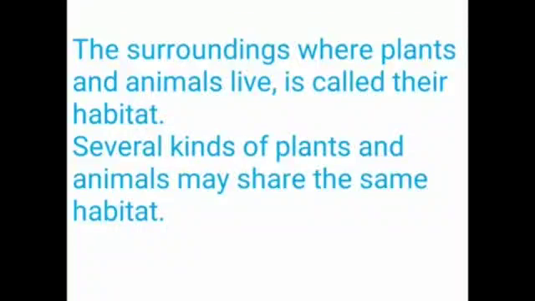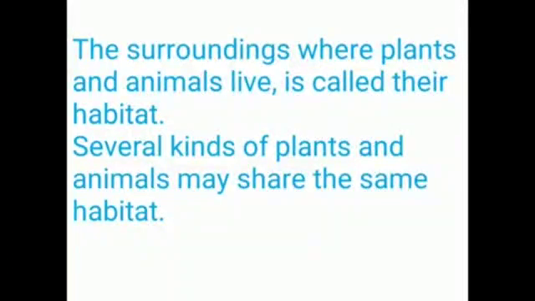Next, the surroundings where plants and animals live is called their habitat. So here is one definition of habitat. Several kinds of plants and animals may share the same habitat.